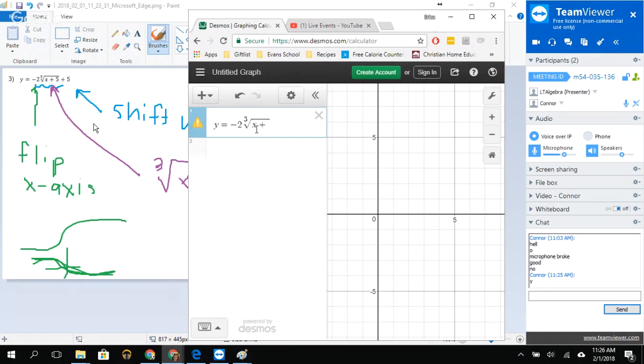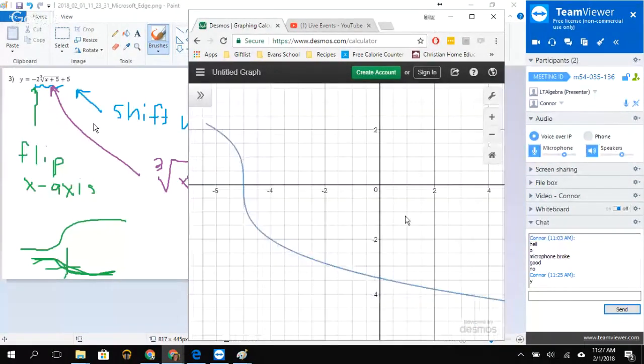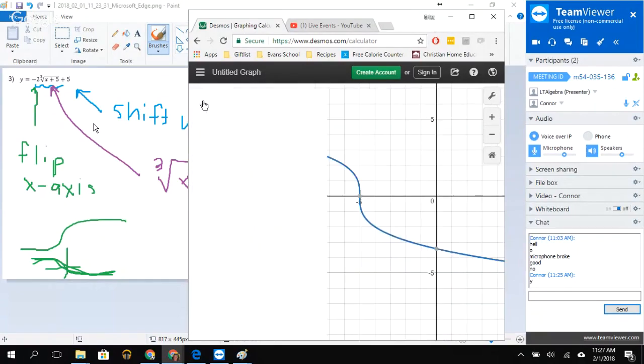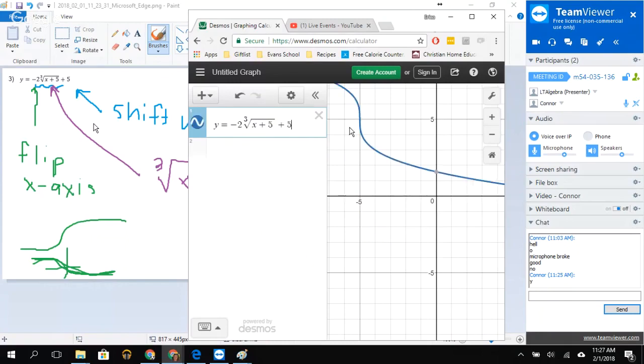oops, 5. Okay, let's just zoom out a minute. Okay, so it did shift my graph to the left 5, right? And then when we add our plus 5 on the end, it shifted my graph up 5. So my new kind of origin point is here at -5, 5 versus down here at, if I graph my original function, well, we'll just do the negative.